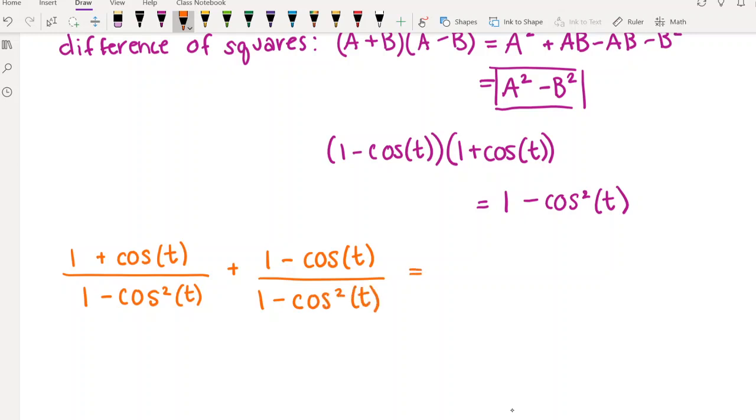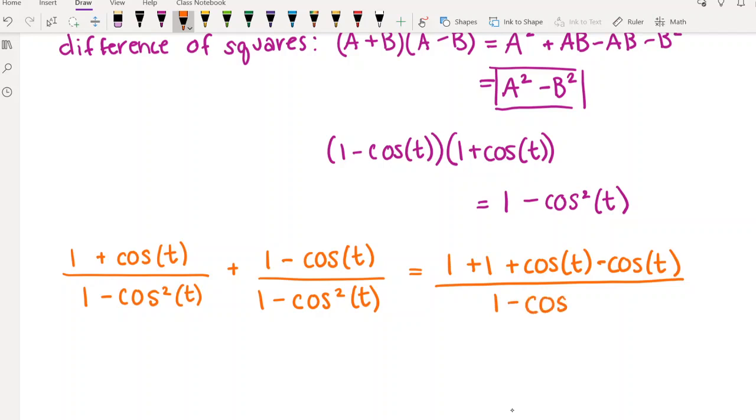Okay, so if we add these two things together, we're going to get 1 plus 1. Let me group them this way. So we have 1 plus 1 plus cosine of t minus cosine of t, all divided by 1 minus cosine squared of t.